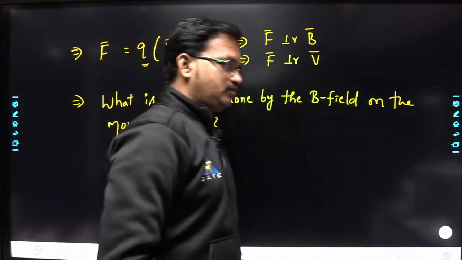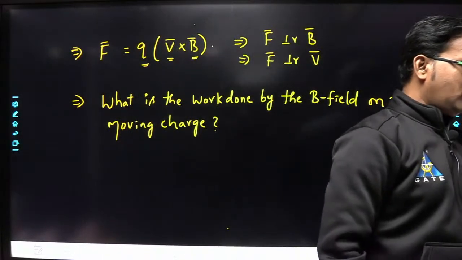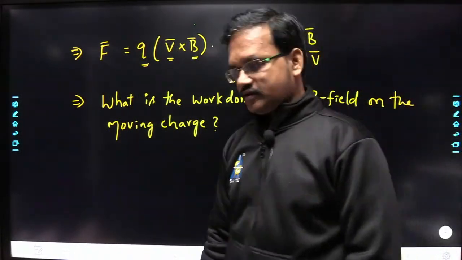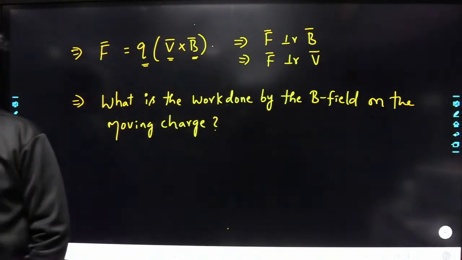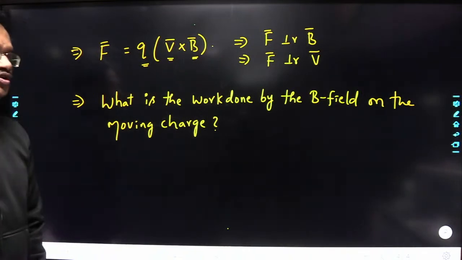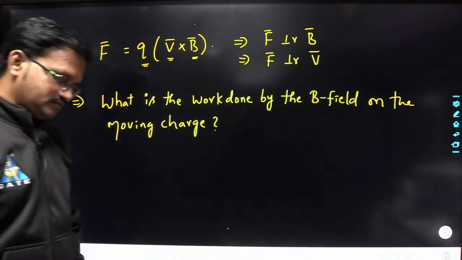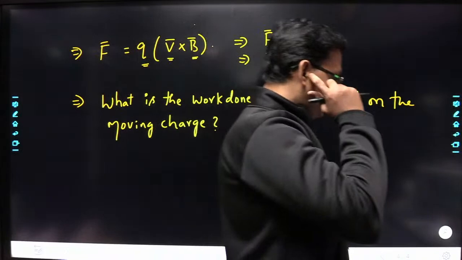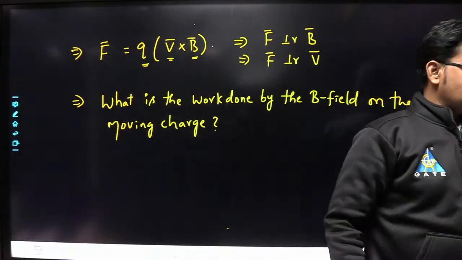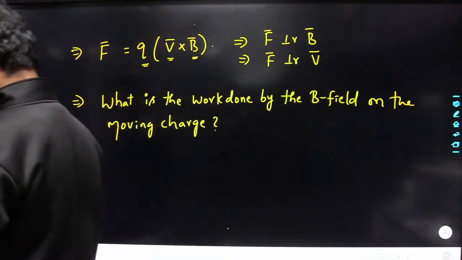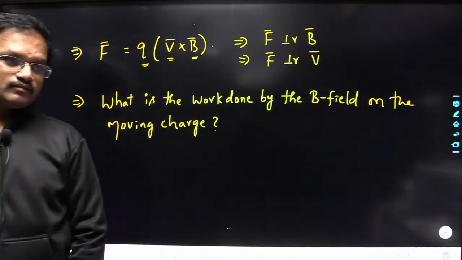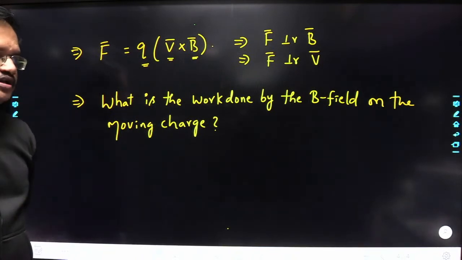So that's what I am asking. Okay, tell me here, what is the work done? Tell me whether it is 0 or non-zero. I am not asking any expressions here.